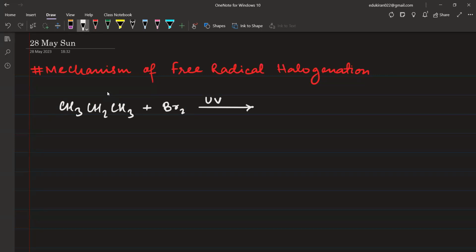You will get 2 products because either this hydrogen can be replaced or this hydrogen can be replaced, right? One of the CH3 or CH2 hydrogens can be replaced. So one of the products can be CH3, CH2, CH2Br, and the other product would be CH3, CHBr, CH3.